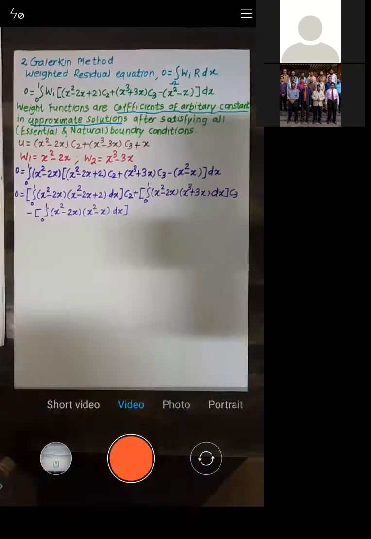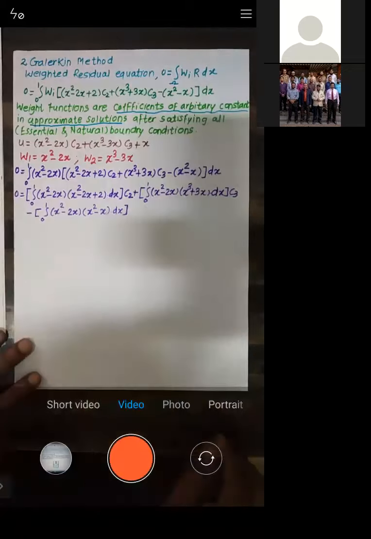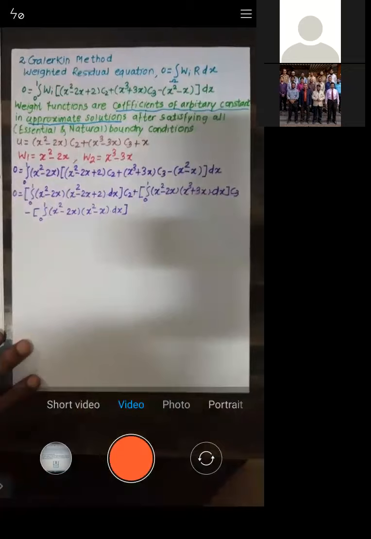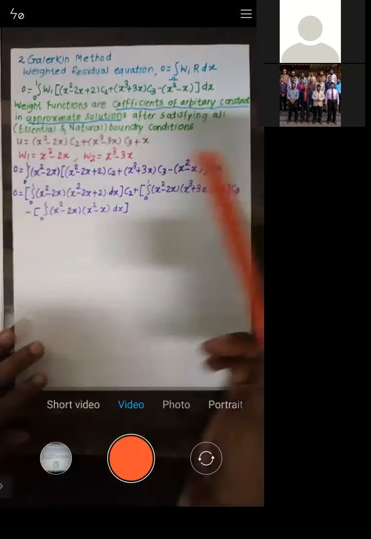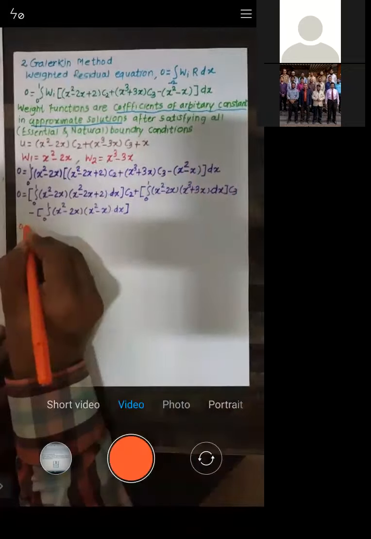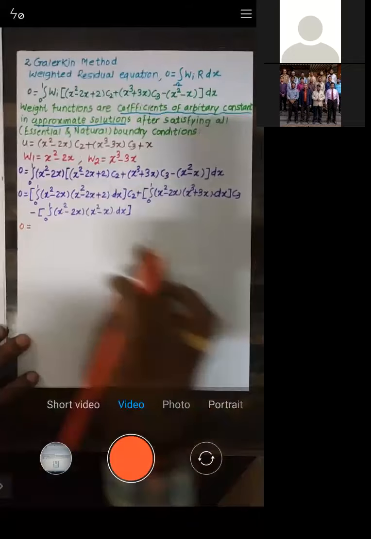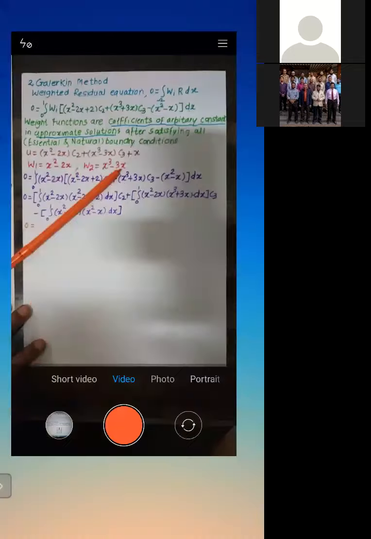Now let us solve this equation. In order to solve it, we need to go to the calculator again.